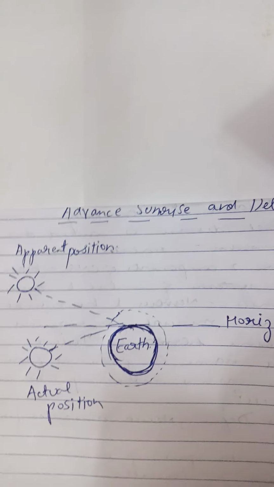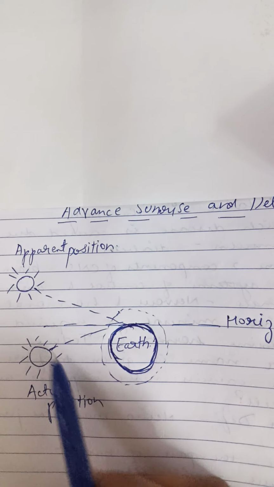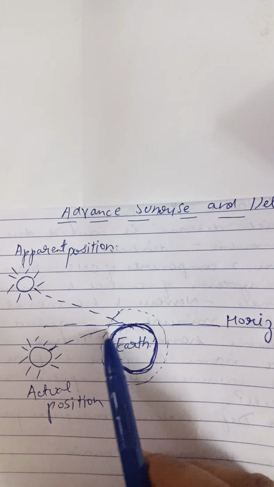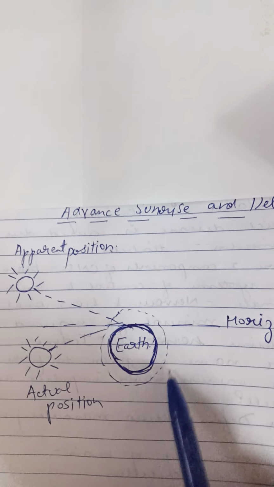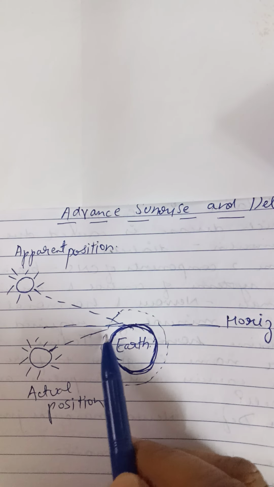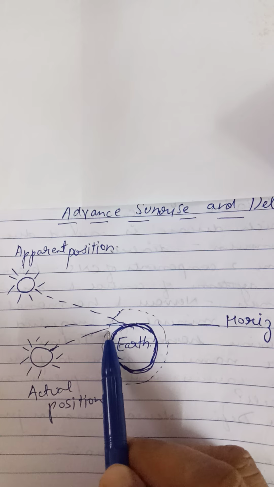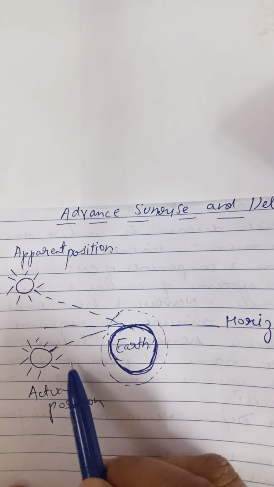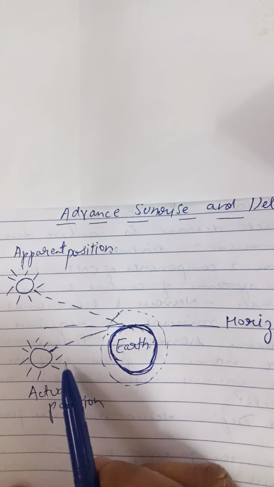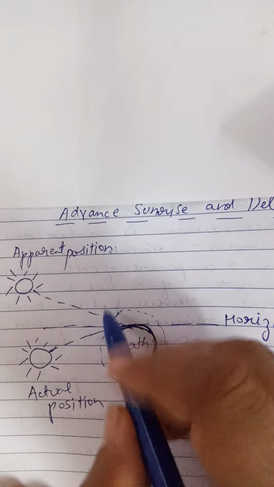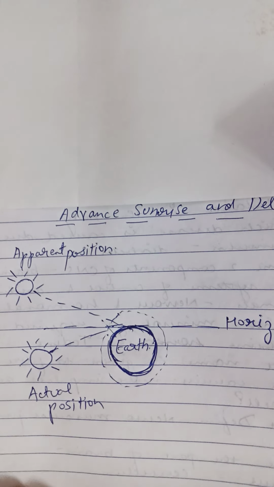Now the sun rays pass through the various layers of the atmosphere. On passing through the layers of the atmosphere, due to the same mechanism, going from the rarer medium towards the denser medium, the light will bend towards the normal.